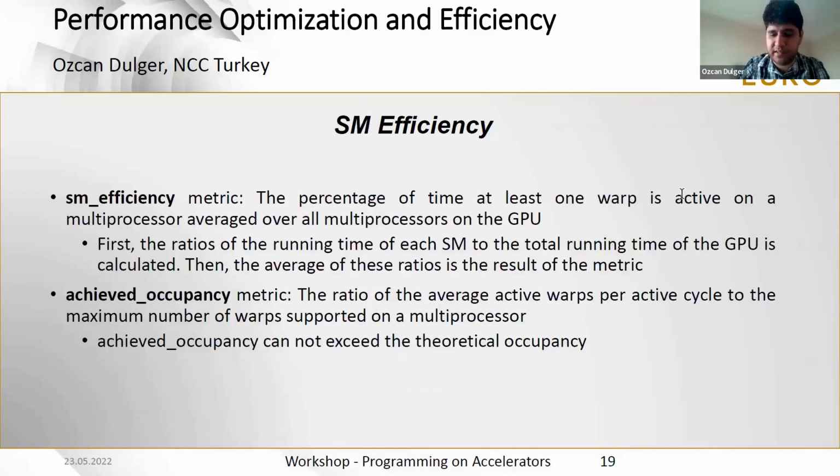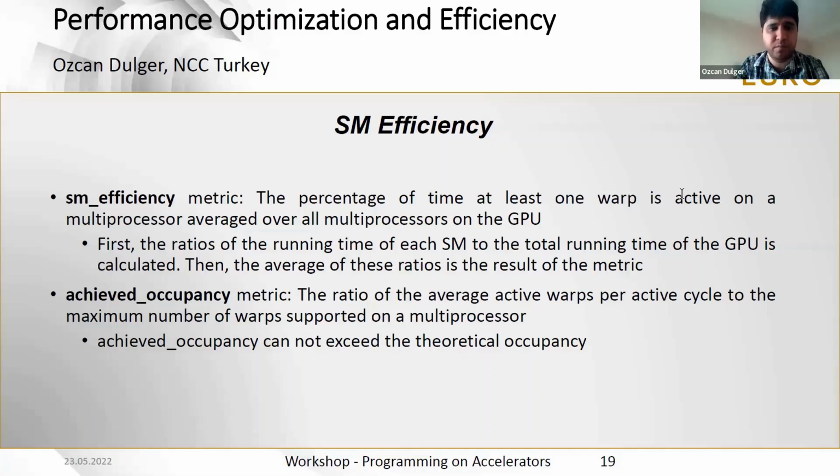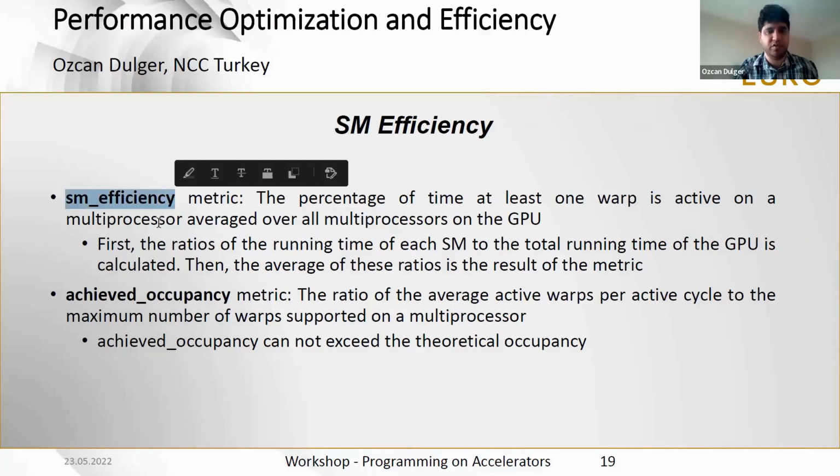I will show you the effect of these issues. Before showing the outputs of the experiments, I would like to give information about the metrics that I used. The first metric is related to the efficient utilization of streaming multiprocessors.